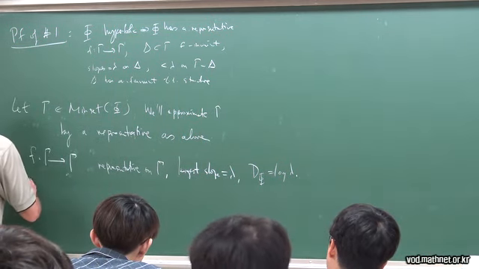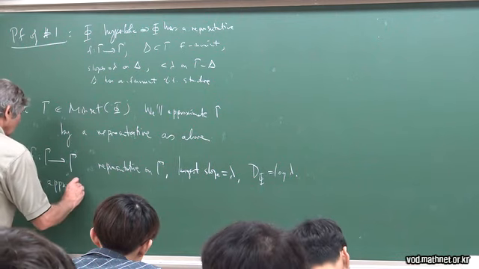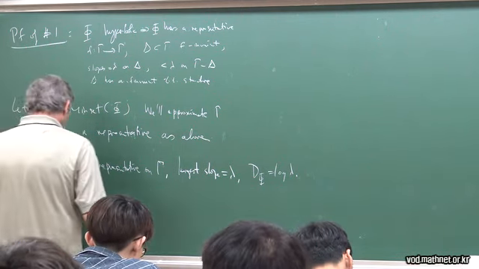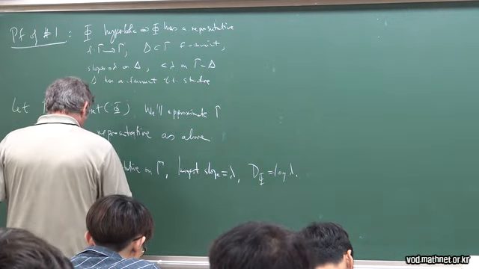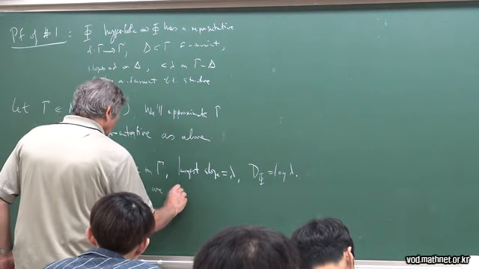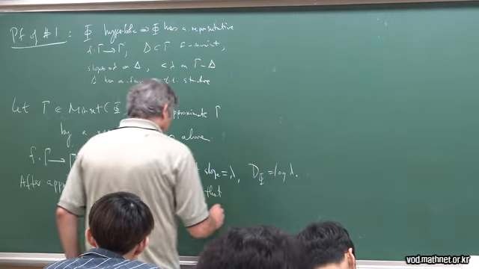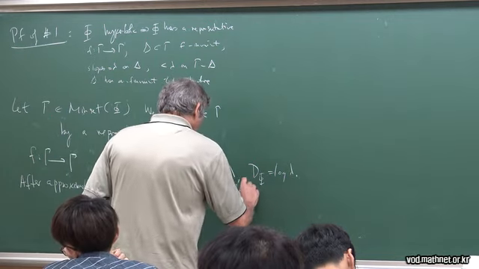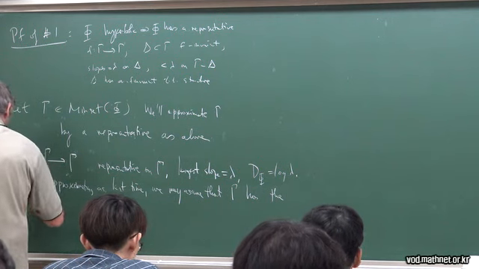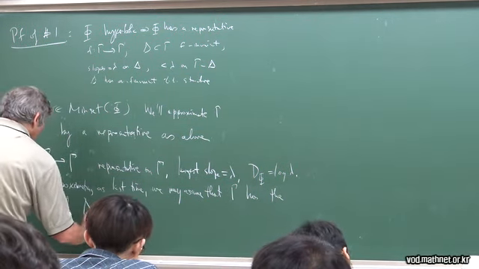So after approximating as last time, we may assume that gamma has the tension graph delta phi.